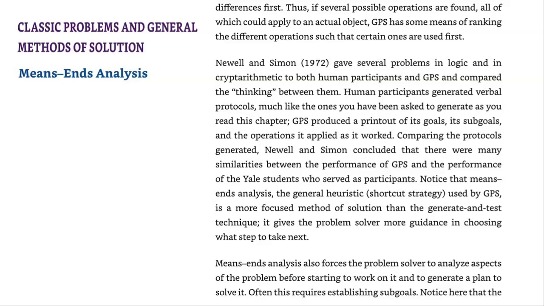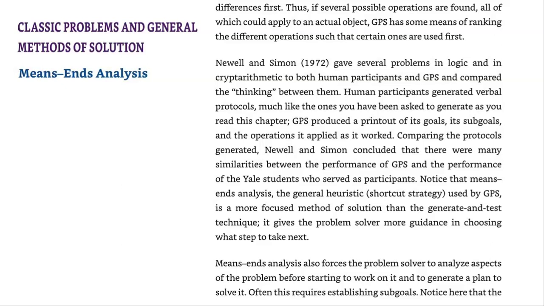Comparing the protocols generated, Newell and Simon concluded that there were many similarities between the performance of GPS and those of the Yale students. The means-end analysis used by GPS is more focused than the generate-and-test techniques because it gives the problem solver more guidance in choosing which step to take next. So this is narrower and more focused than a straight-up generate and test.